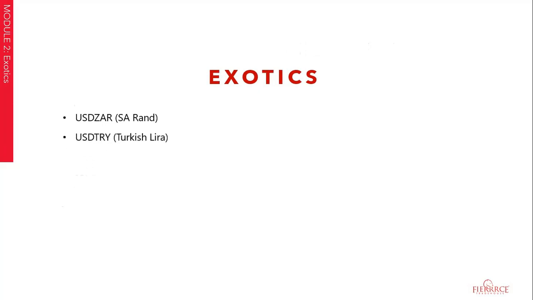Then we have the third category of pairs, which is the exotics. Okay, and these are the pairs that are outside of the major currencies. That's pretty obvious. So we have pairs like the South African rand, the Turkish lira, the Mexican peso, the Singapore dollar, and sometimes you even see the Euro Mexican peso, Euro SGD, and so on and so forth.